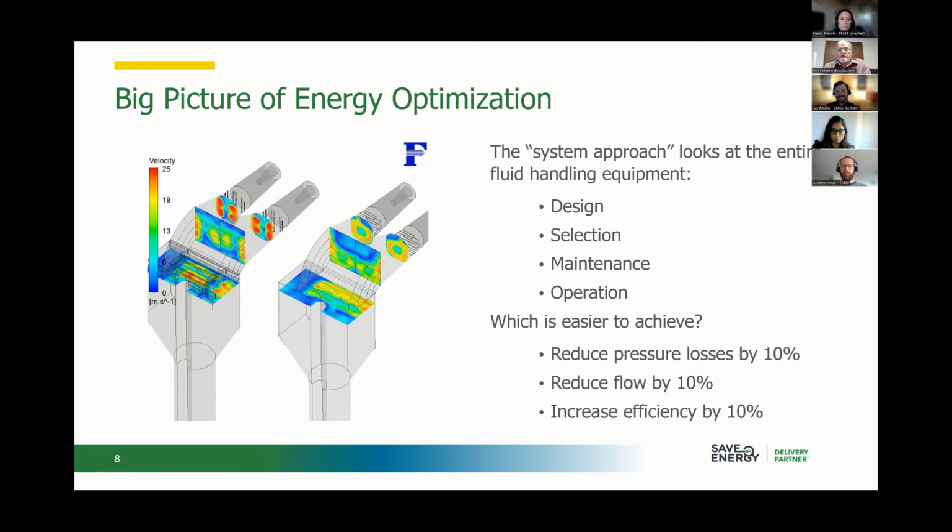I'm not going to reduce flow. You might even have problems convincing your HVAC client that you're going to reduce the flow. It might work if you've already got a variable application there, but for the most part, that one gets pretty tough.